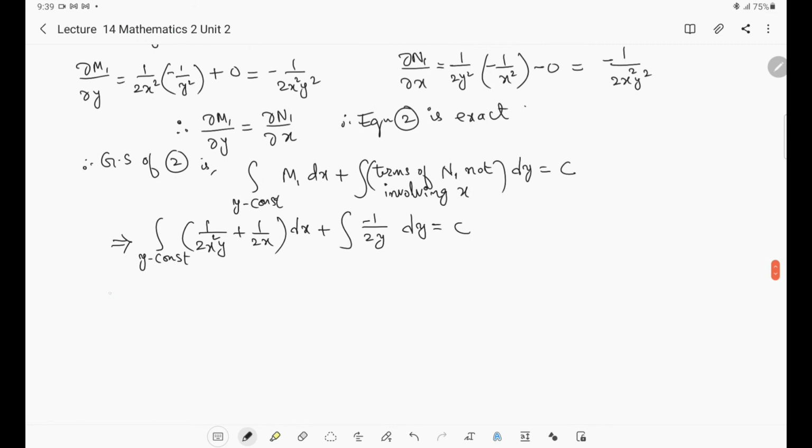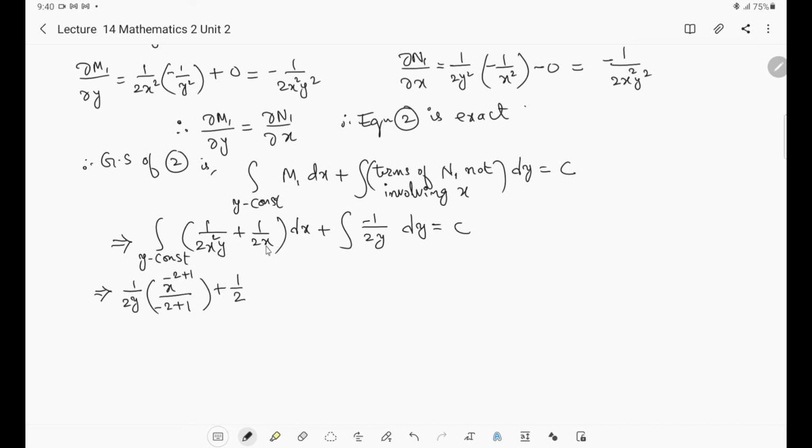We are integrating with respect to x, so 1 by 2y as it is. Integration of x square: if you take x square in the numerator, it will be x power minus 2, and the integration will be x power minus 2 plus 1 by minus 2 plus 1, right, then plus 1 by 2 as it is.